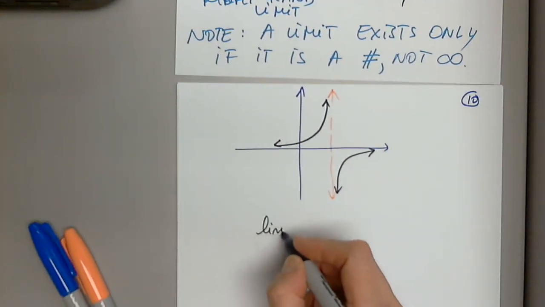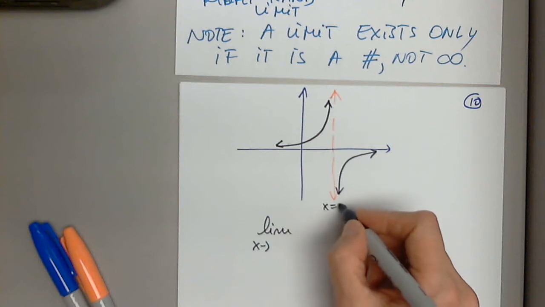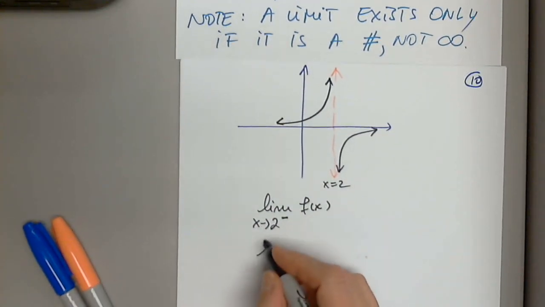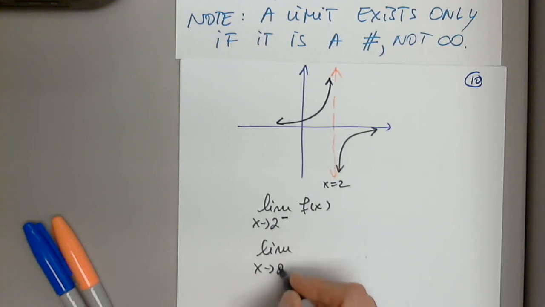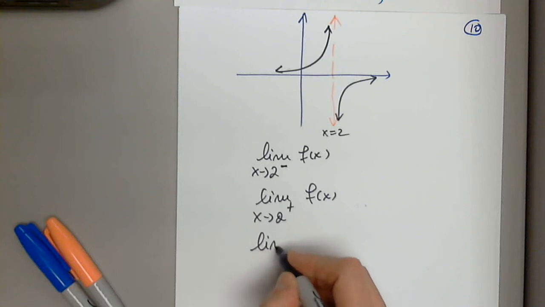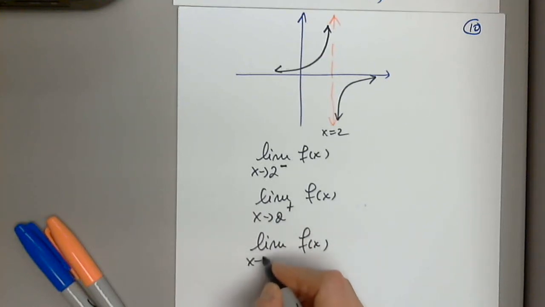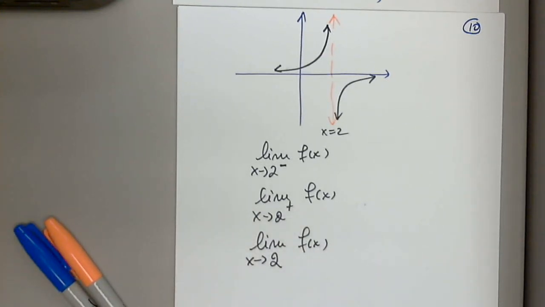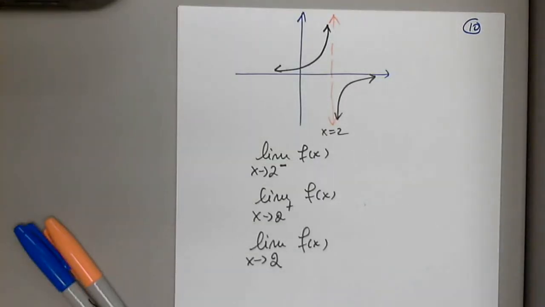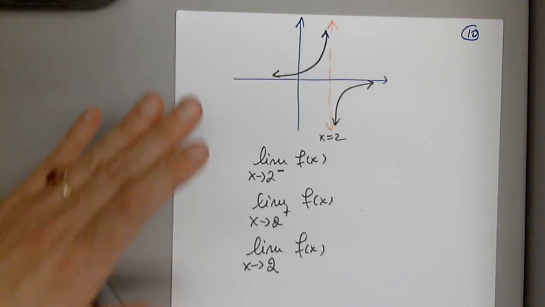So the limit as x approaches 2 from the left of f of x, limit as x approaches 2 from the right of f of x, and then I would like you to give me the limit of f of x as x approaches 2 from either side. So in my graph, I'll stop right here after these three answers.